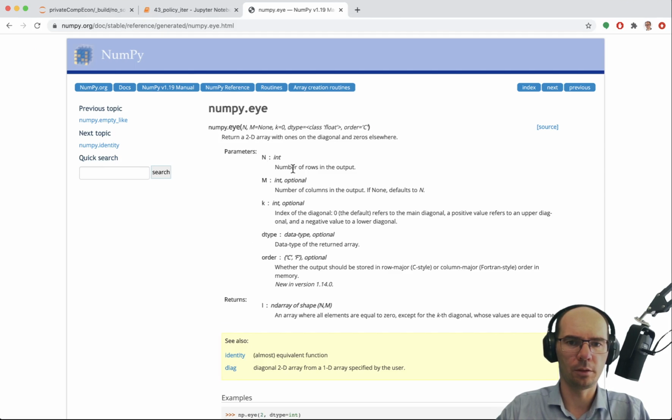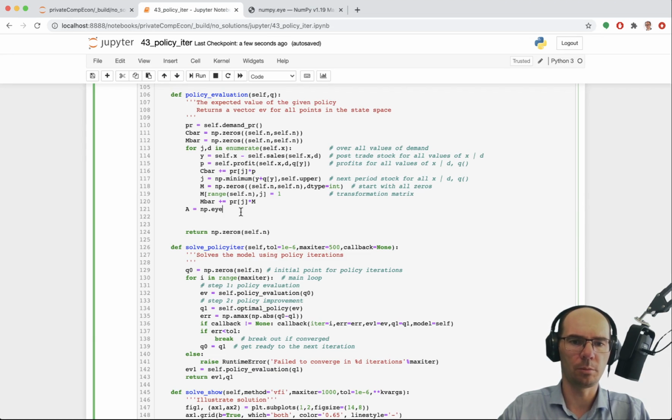And n, number of rows in the output, number of columns in the output, if none defaults to n. Okay, so this is going to be NP.eye of self n minus self beta times, beta is given, times M bar.